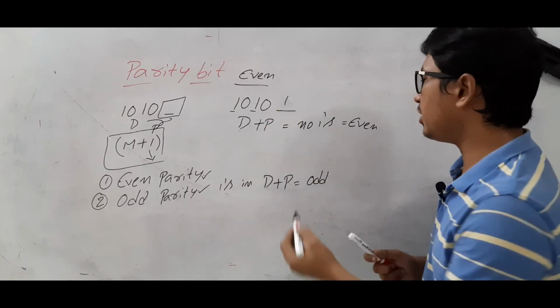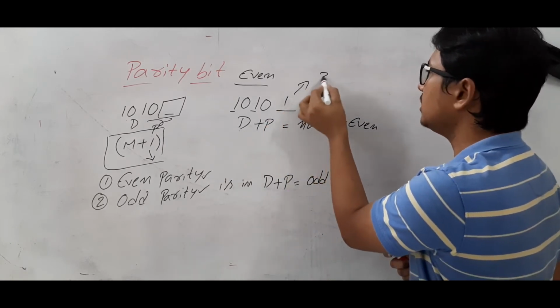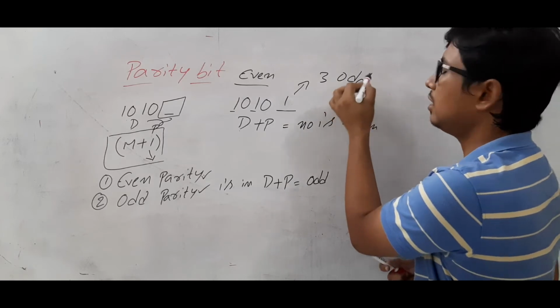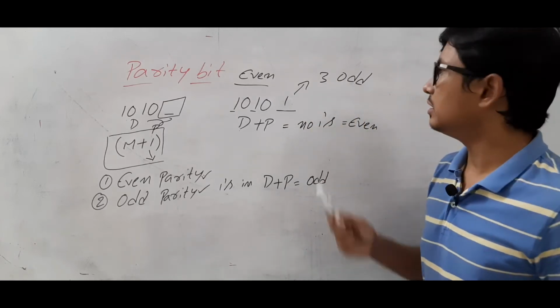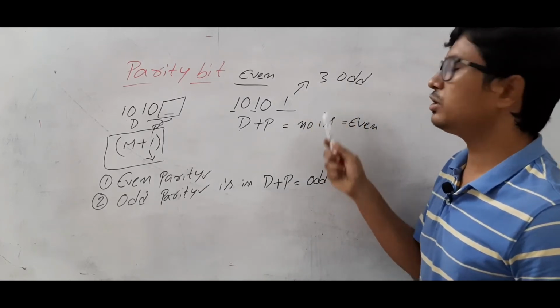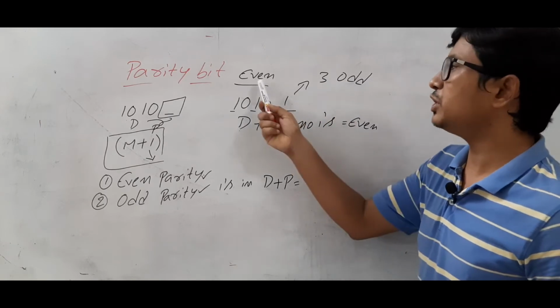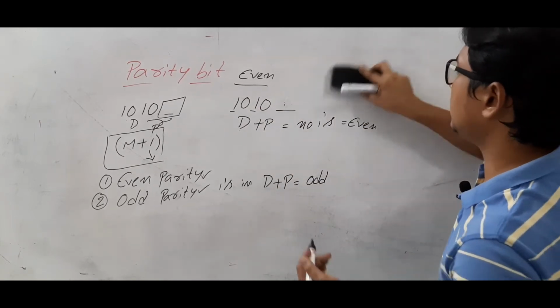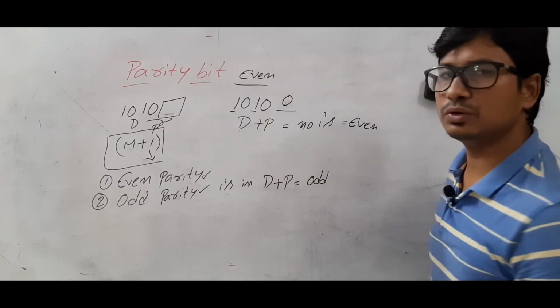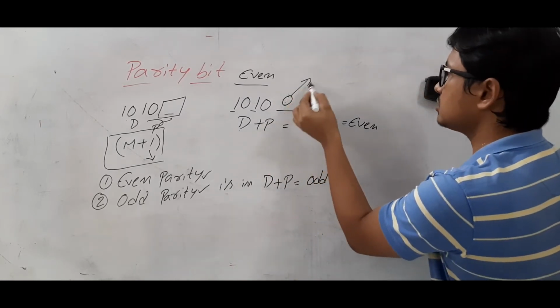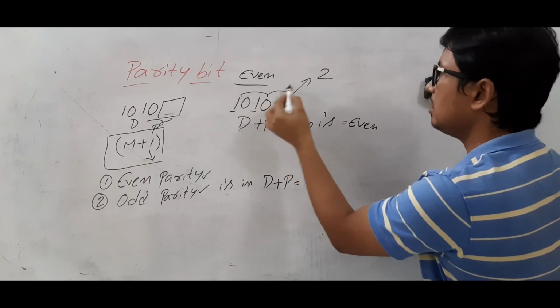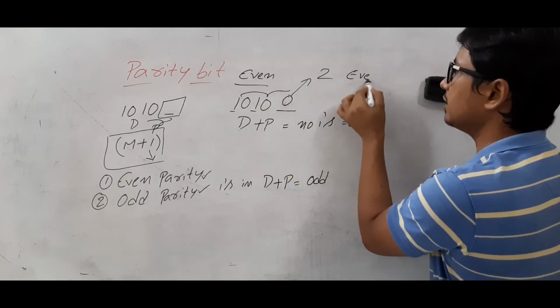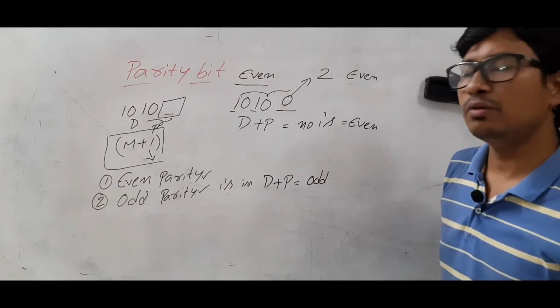The number of ones will be equal to 3, which is an odd number. Are you able to follow it or not? The number of ones is 3, which is becoming odd, but we should make it even. So what should I do? I have to make it 0 here so that the number of ones is equal to 2 in total, which is an even number.